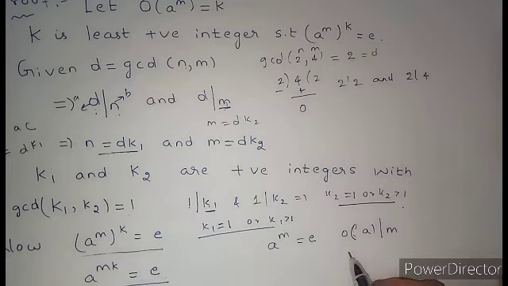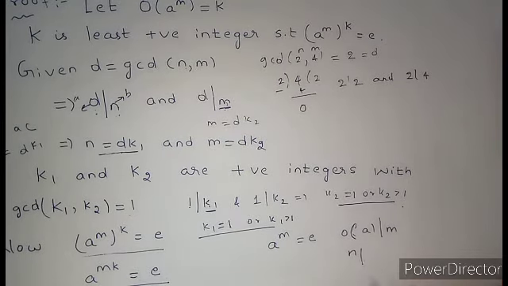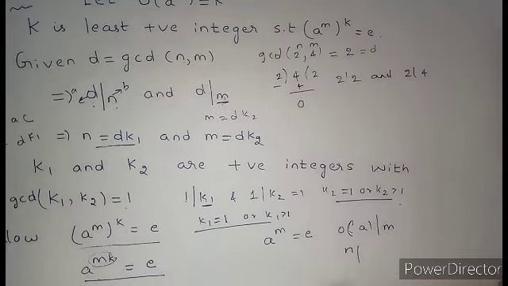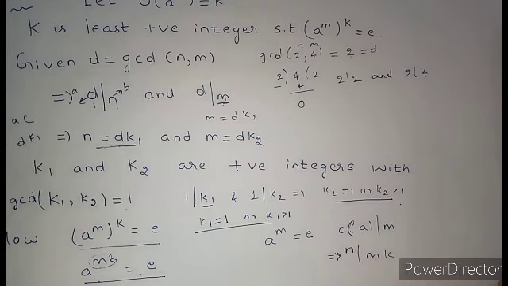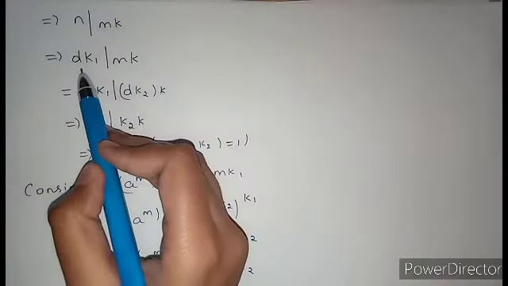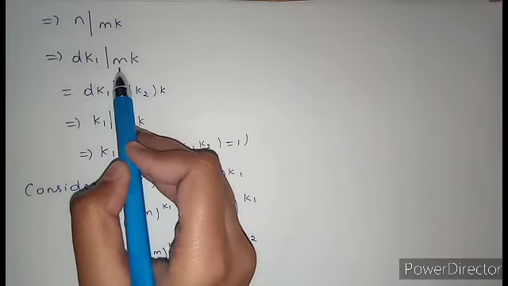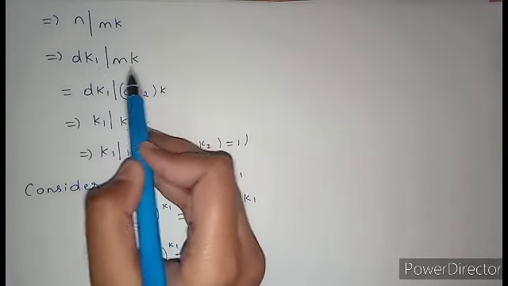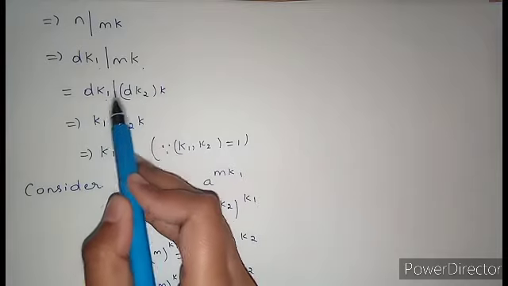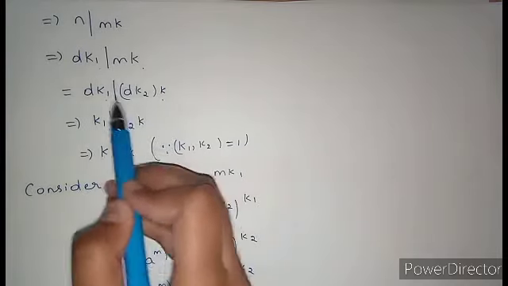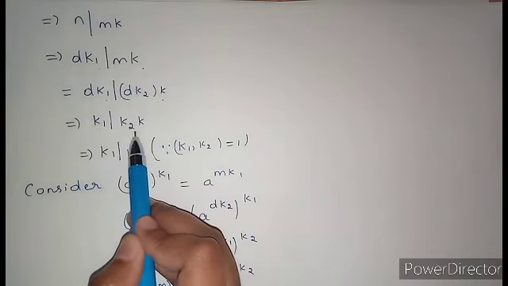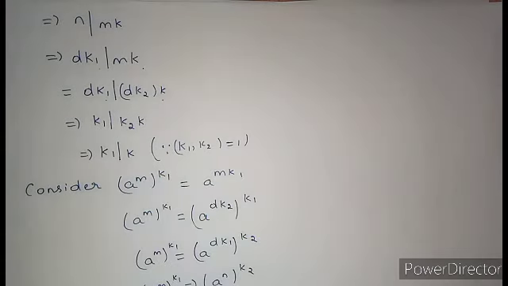In the question they have given that the order of a is n, so in place of m we have mk. So a^(mk) is equal to e if and only if n divides mk. But n is equal to d into k1. So dk1 divides mk, and in place of m we put dk2, into k. d gets cancelled. So k1 divides k2 k.